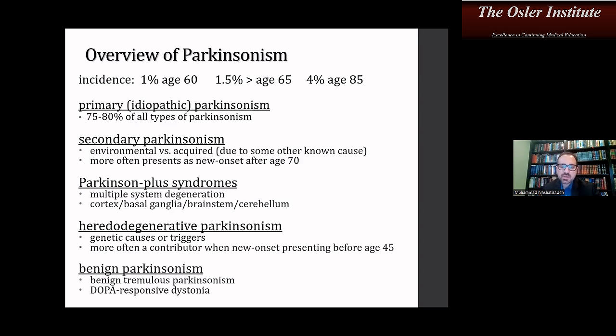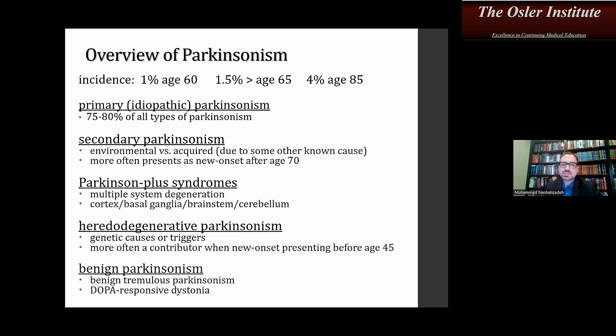Now, there was a study in the past year funded by the Parkinson Foundation, which looked at the incidence of Parkinson's disease in the United States. And they found that the overall incidence may be underestimated by 50%. And so, this is a huge increase in the overall number of people who may be Parkinsonian over time.